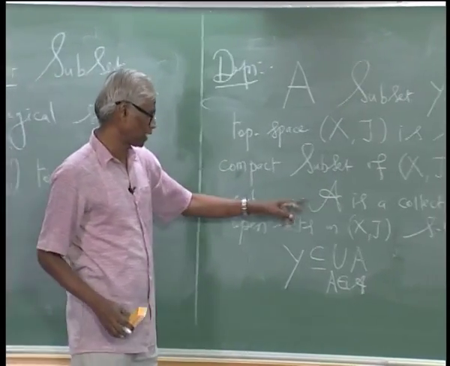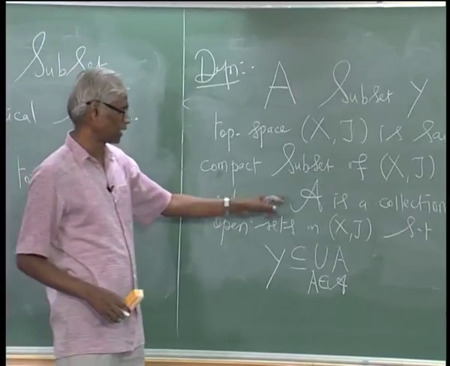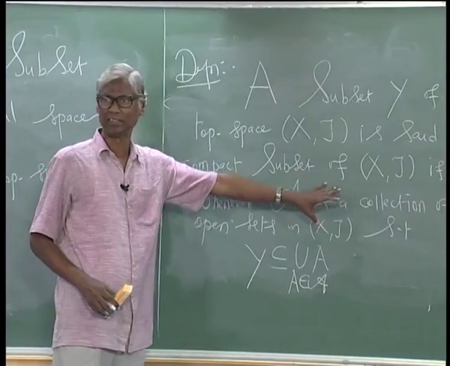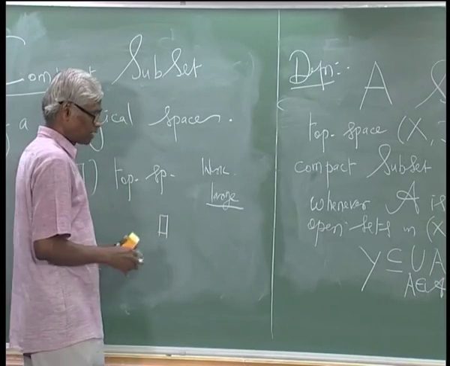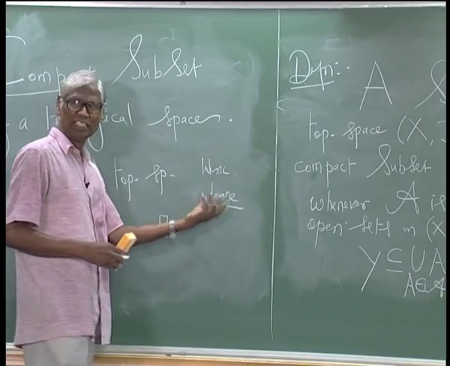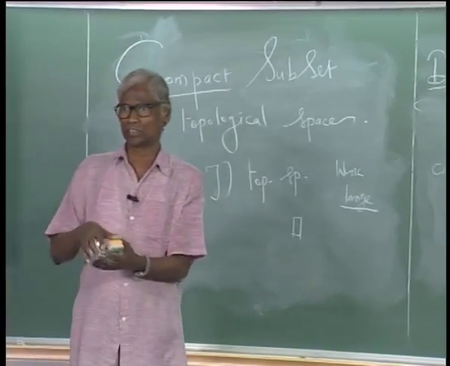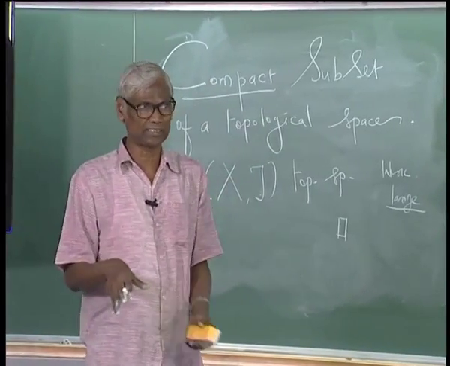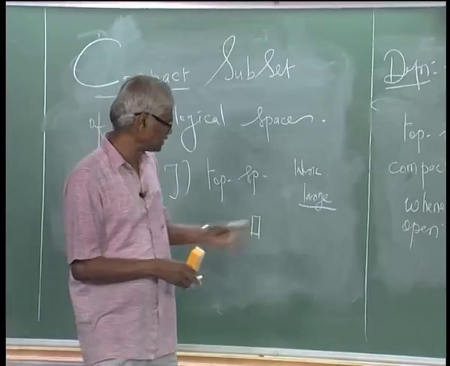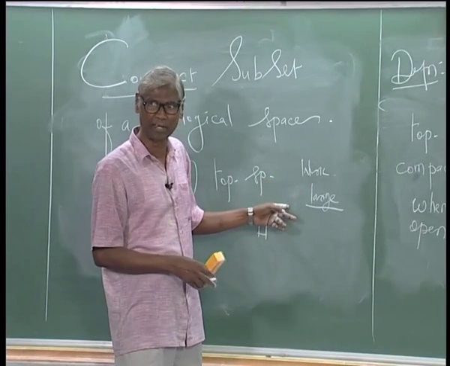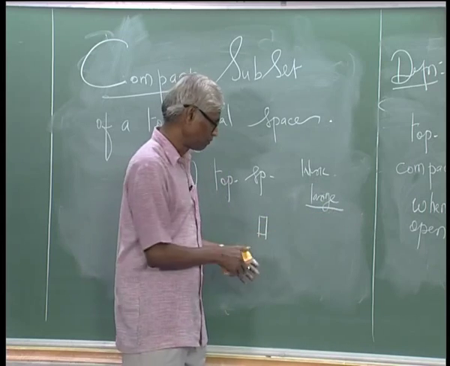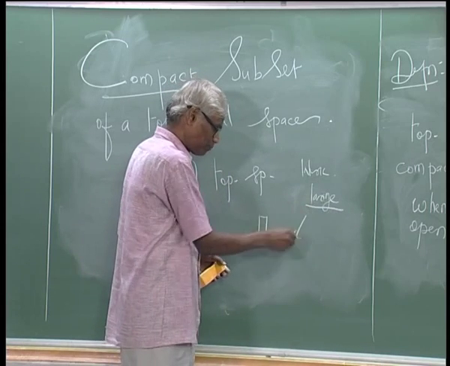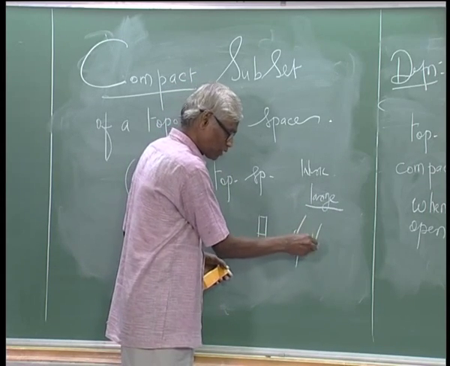Suppose you can get some work done by a large collection of persons. Then someone comes and says that, in some sense, we understand what a smaller collection is, and the same work can be done by a smaller number of persons from this large collection. We can identify some persons who are very efficient.